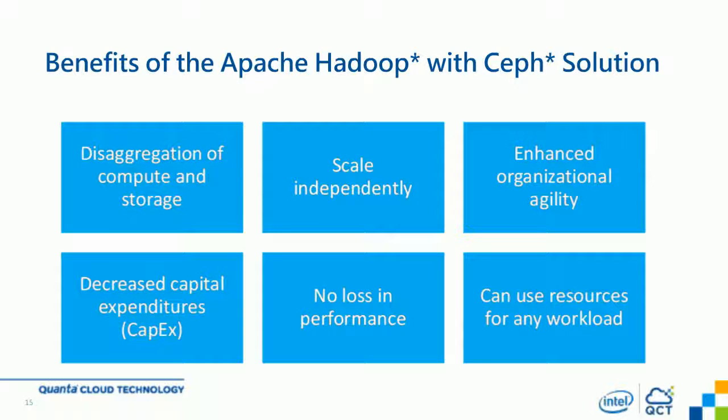And also with technologies like the Intel CAS, we are able to deliver very strong performance to meet customer demands and ensure that the solution is able to meet the SLAs in a challenging big data environment.